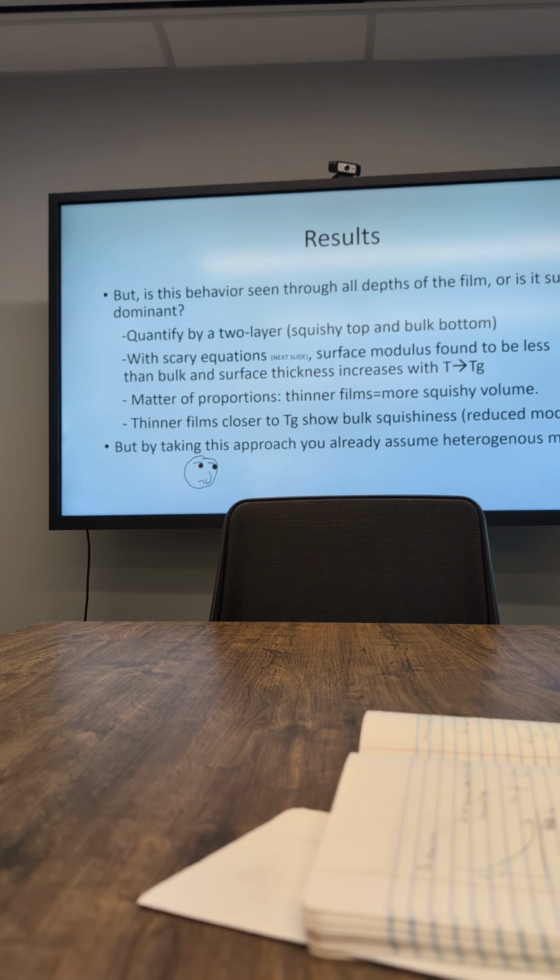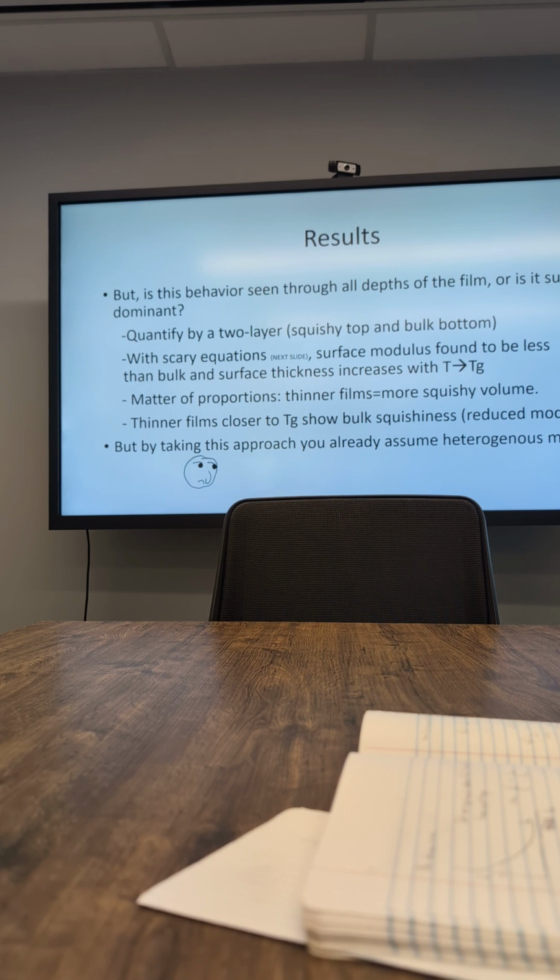This is a question that they posed, but to test it, they chose a bilayer model, which is kind of strange to me, because if they're going to test whether a material is homogeneous or heterogeneous, they're testing it by assuming a heterogeneous system. So I don't know, Jude, what did you think about that?